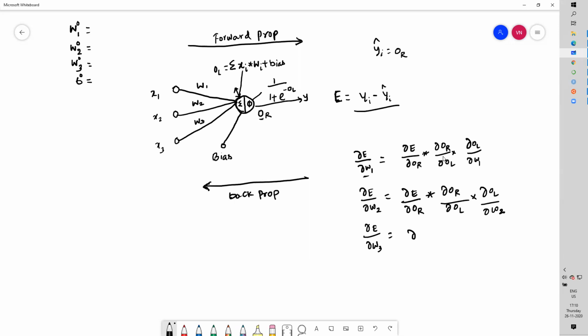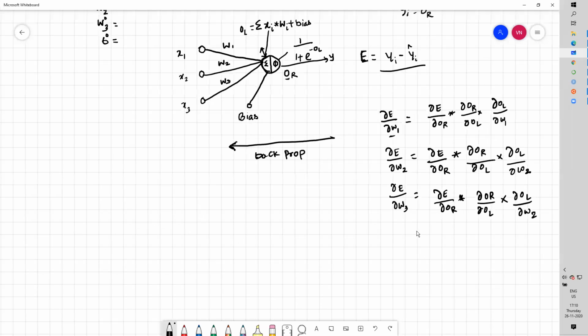And the third one, dou E divided by dou OR into dou OR divided by dou OL into dou OL divided by dou W3. Okay, so we need to find these three gradients.